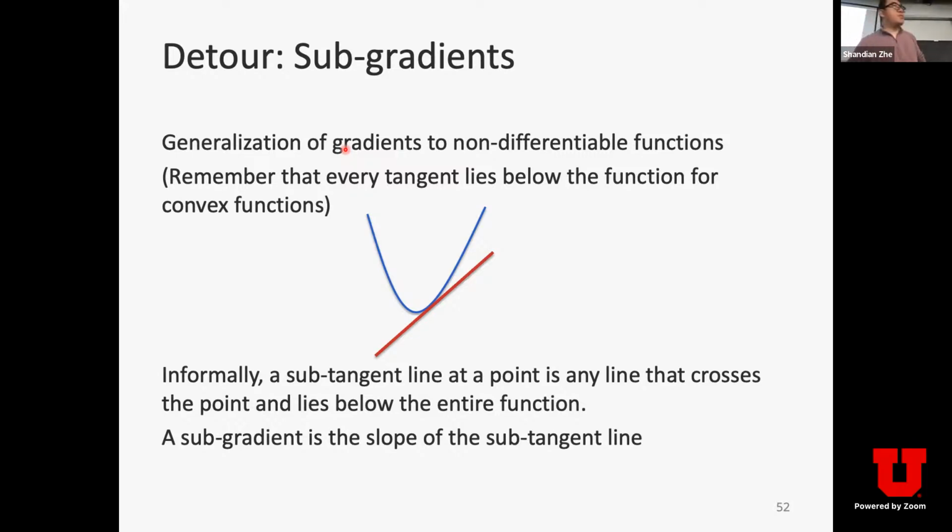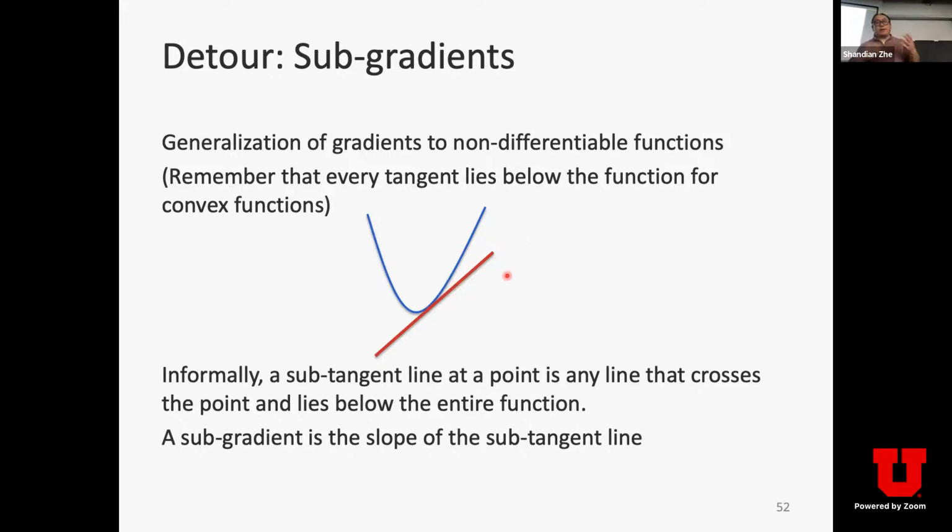That's the property of a convex function, right? If you take a look at this blue curve, this is a convex function. At any point you can draw a tangent line, with a slope here. You can see that the entire convex function body stays above the tangent line, right?